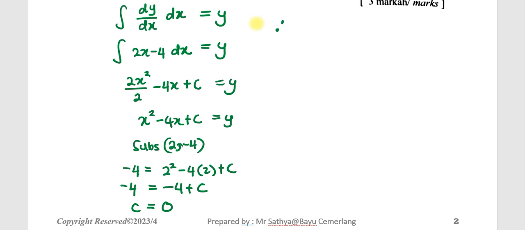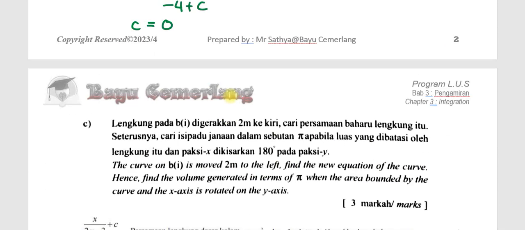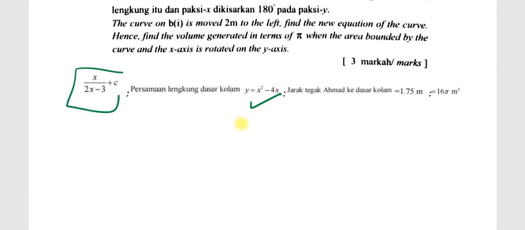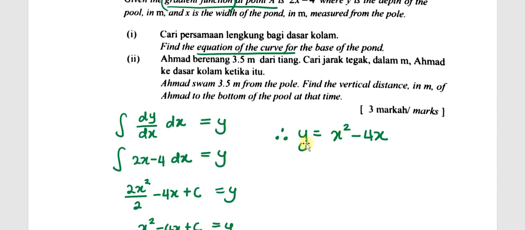So the equation should be x square minus 4x only. The c is 0, guys. Does it tally? Okay, that part tallies. x square minus 4x. That part tallies. Okay, only this part. This part is wrong. Okay, x square minus 4x.